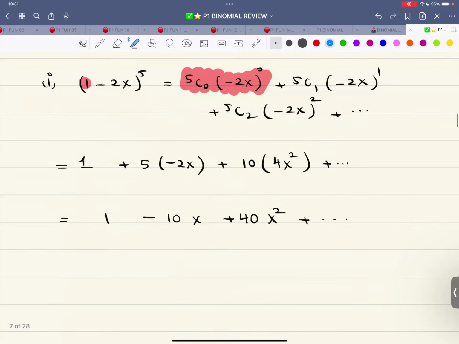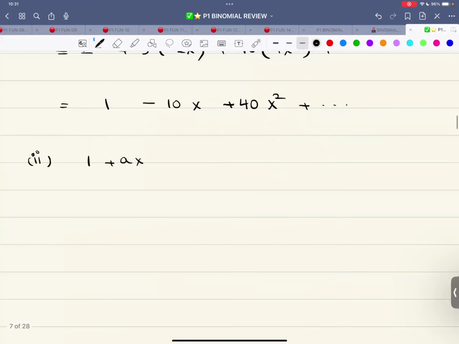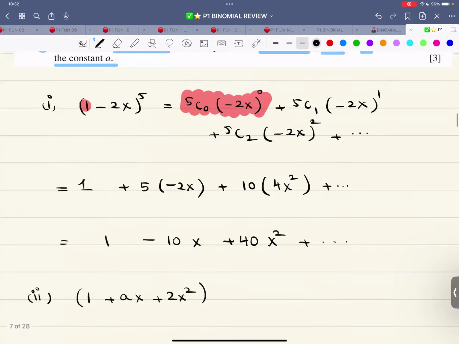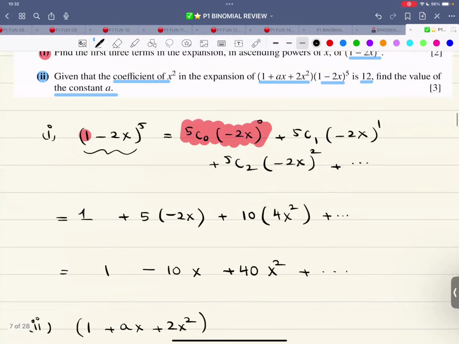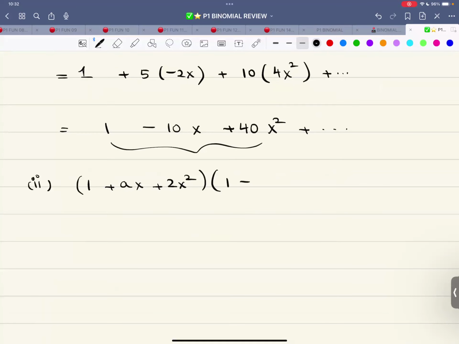So 1 plus ax plus 2x square. So let me write over here: 1 plus ax plus 2x square. And it's multiplying with this. And the first 3 terms are this. So this is 1 minus 10x plus 40x square.